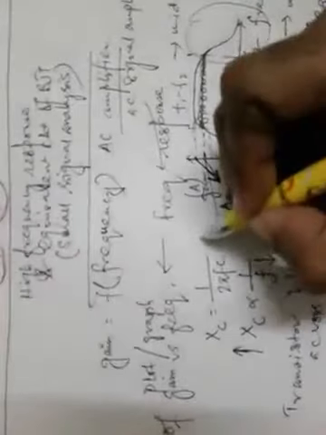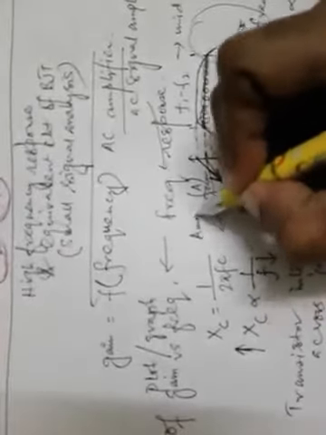This curve should be drawn a little bit higher than this, like this. So this higher portion is my A max or A mid, and the gain corresponding to F1 and F2 will be A max divided by root 2. That means at both frequencies F1 and F2, the gain should be 1 by root 2 times the maximum gain, and maximum gain means the mid band gain, or A mid or A max.